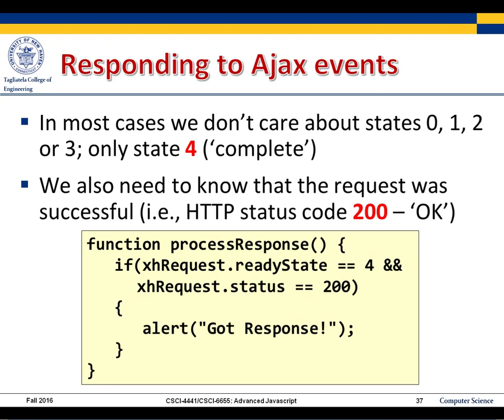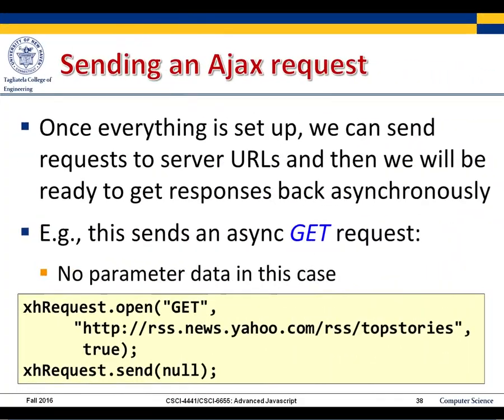Okay? And that would be your feed updating itself. Okay? And again, it didn't require the whole thing to be reloaded. That's the point. So you can send requests to server URLs, and you'll essentially write the code to be ready to respond when it comes back.